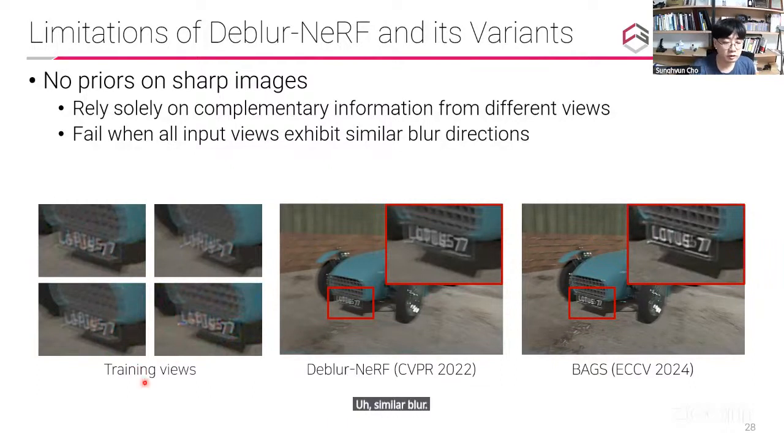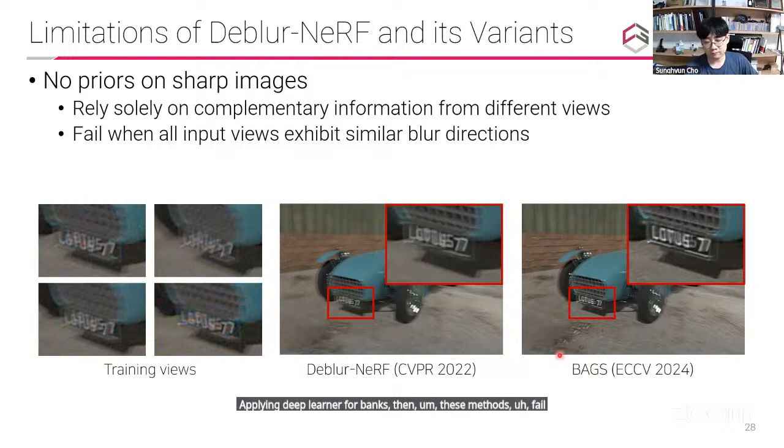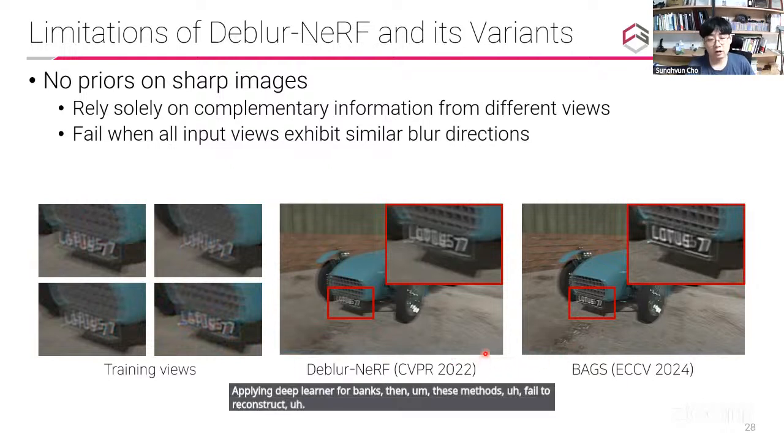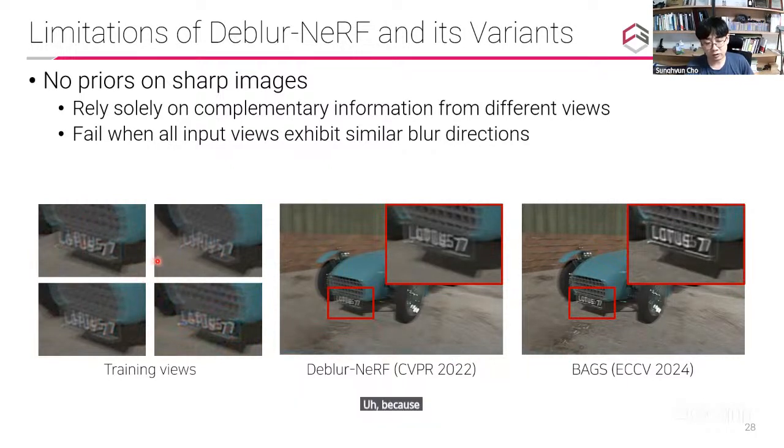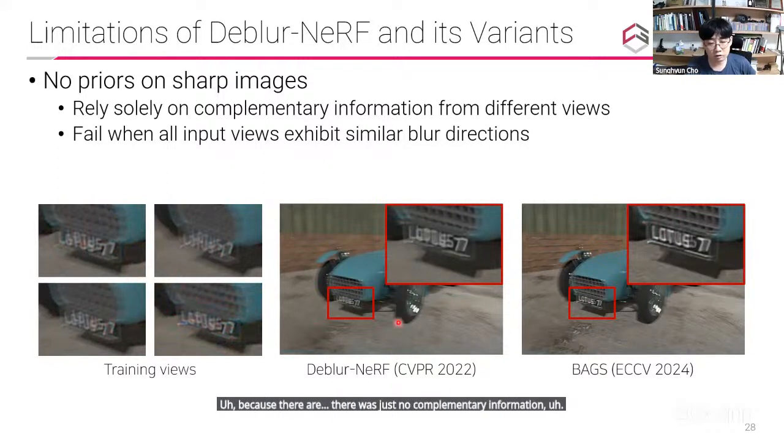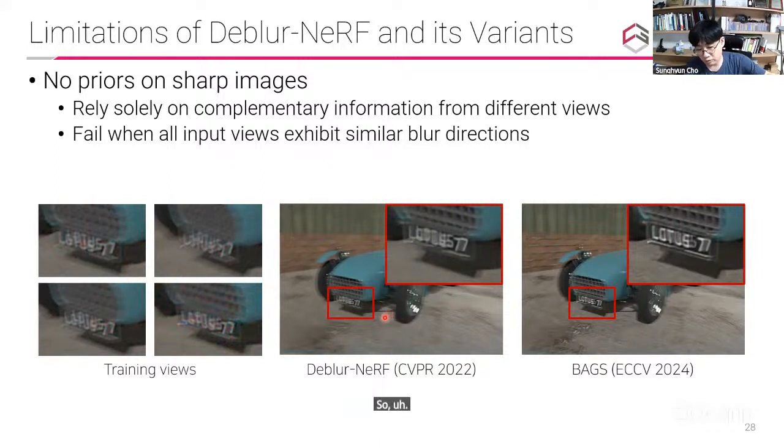If we apply DeblurNeRF or BAGS, these methods fail to reconstruct sharp radiance fields because there is no complementary information in these images. So the rendered novel images still have remaining blur like this.